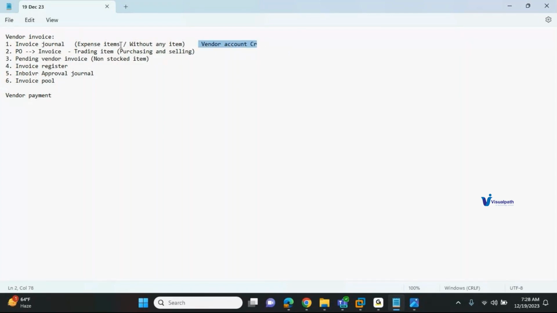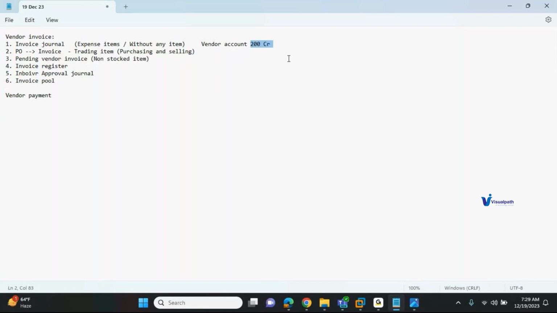Suppose I have purchased a 200 rupee A4 stationery bundle. Then I need to pay money to the vendor, so it is negative. It will update like 200 credit. 200 credit means it is negative.